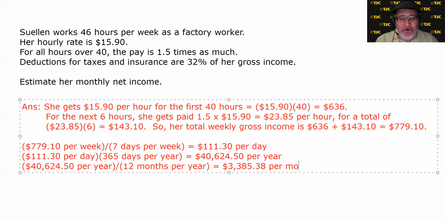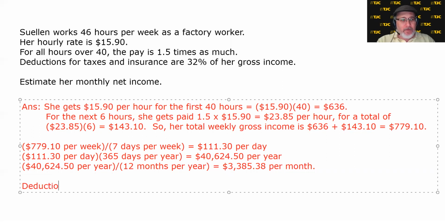All right, so we have our monthly payment, but it's not the answer to the question because that's her gross monthly income. In order to calculate the net, we need to figure out how much the deductions are. The deductions are 32% of that amount of $3,385.38. But again, we can just multiply because "of" means multiply. Remember that from the previous section.